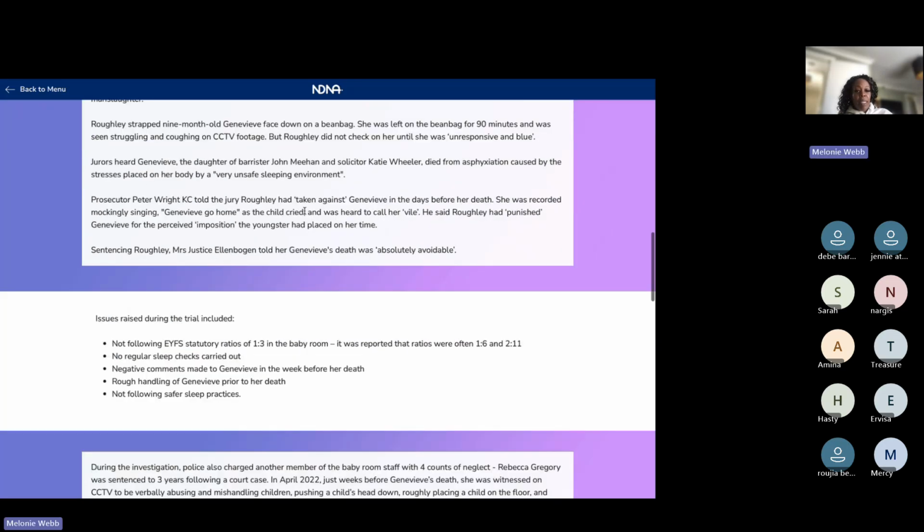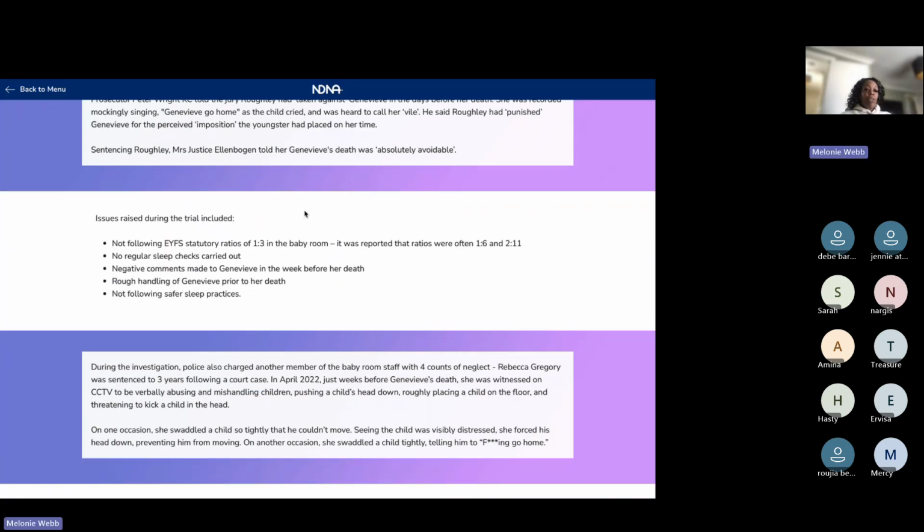The issues that were raised during the trial included not following the EYFS with the 1-to-3 ratios of the baby room. Oh my gosh, it was reported that ratios often were 1-to-6 and 2-to-11. I mean, that is really quite shocking to hear.